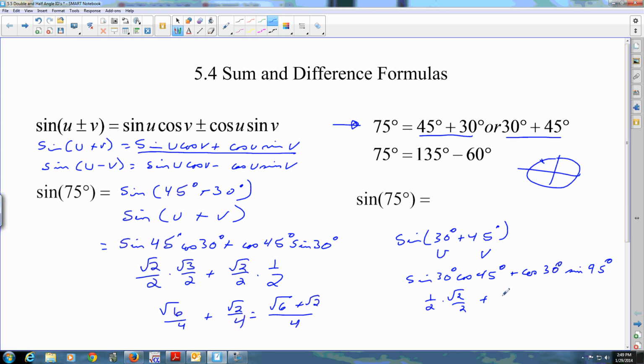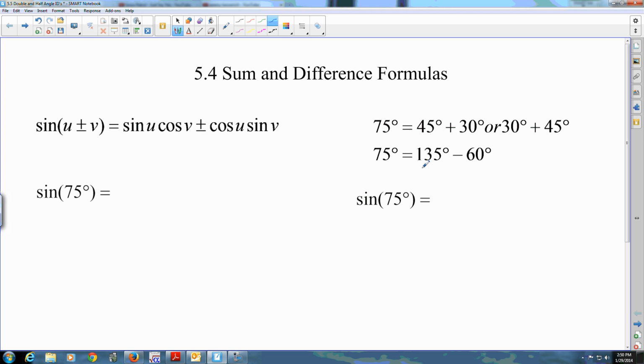Plus cosine of 30 is square root of 3 over 2 times sine of 45 is square root of 2 over 2. So you got square root of 2 over 4 plus square root of 6 over 4, which is square root of 2 plus square root of 6 over 4, exactly the same thing. So it doesn't matter when you're doing a sum which way you write it. It's going to come out to be the same thing.